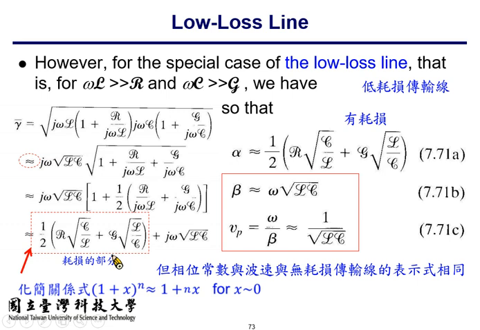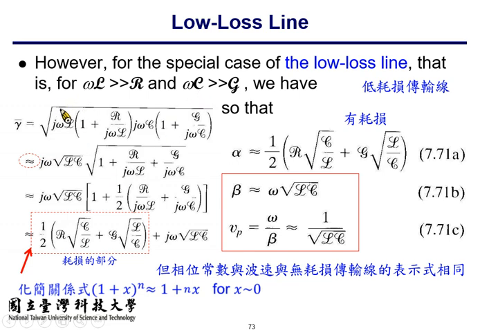Therefore, we can make the following approximation, based on the fact that omega L is much greater than R, and omega C is much larger than G. We know the expression for the propagation constant gamma is the square root of the product of R plus j omega L times G plus j omega C.